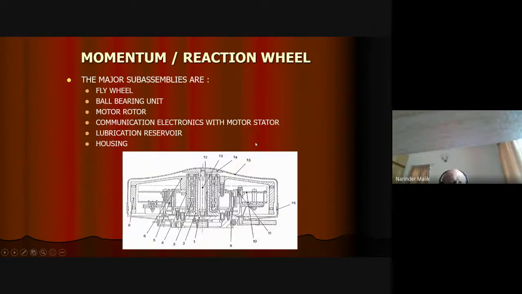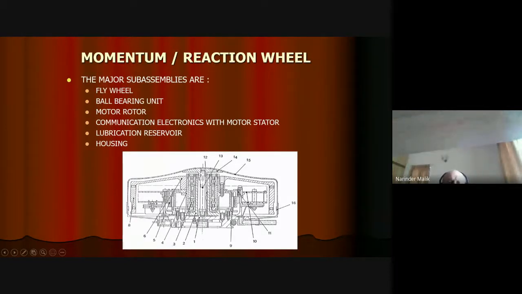Okay. The major sub-assemblies of the momentum reaction wheel consist of a flywheel running at a high speed of say 6,000 RPM or 8,000 RPM, and this flywheel is supported by bearings, and there's an electrical brushless DC motor which makes it run, and the commutation electronics, everything is housed within it.